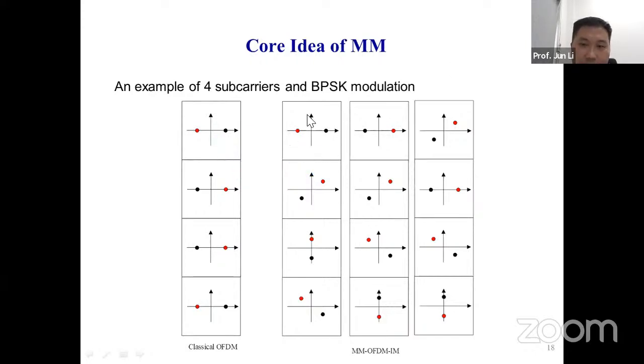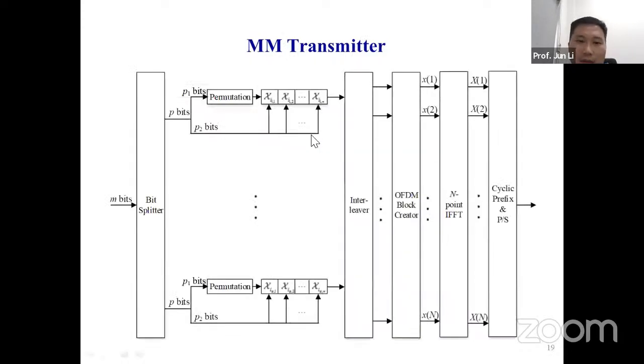This is X1, right? This is X2. So how to transmit the signal from X1, X2? That is the key point for the multiple mode OFDM-IM.